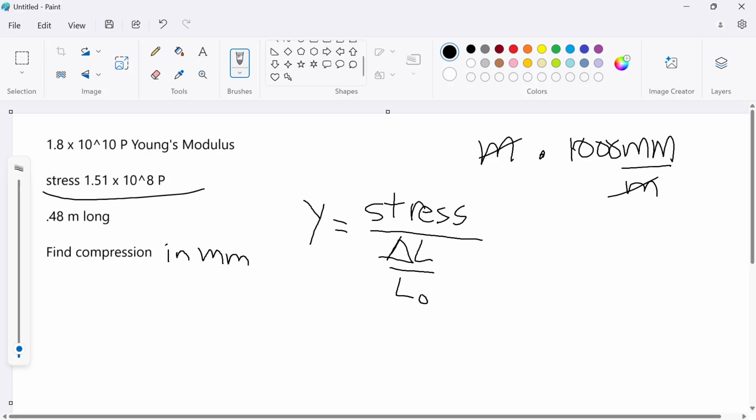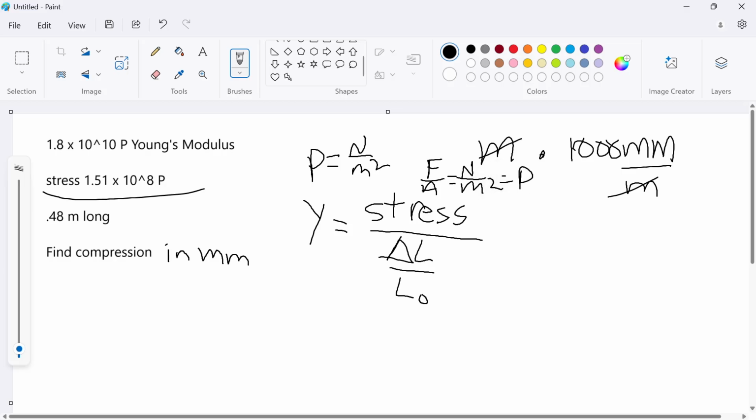A lot of times the modulus is given in pascals, which is newtons per square meter. Stress is force divided by area, which is also newtons per square meter, which is pascals.